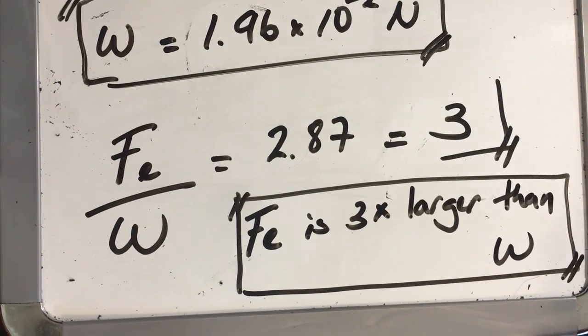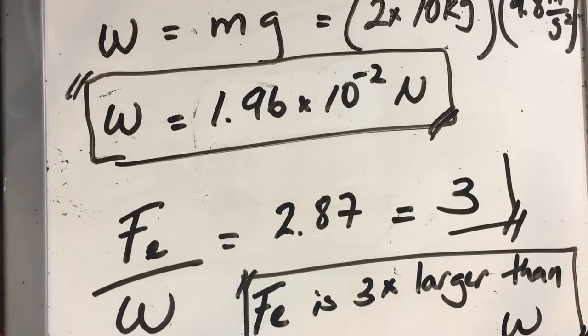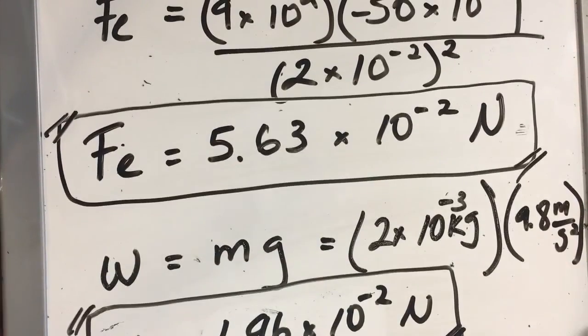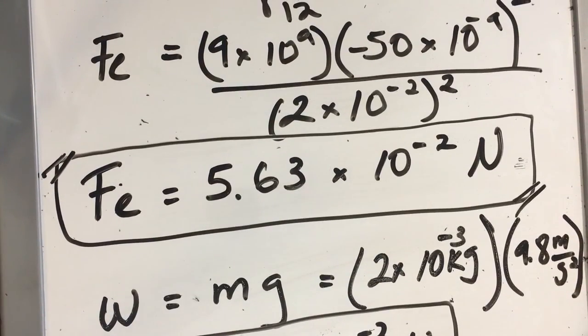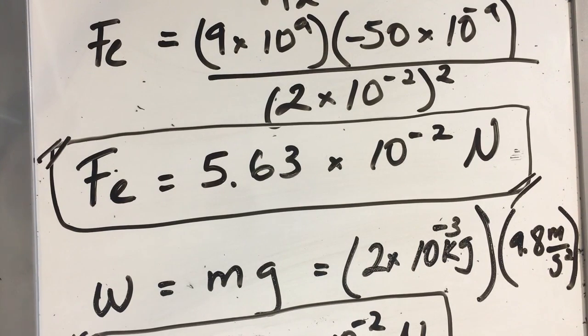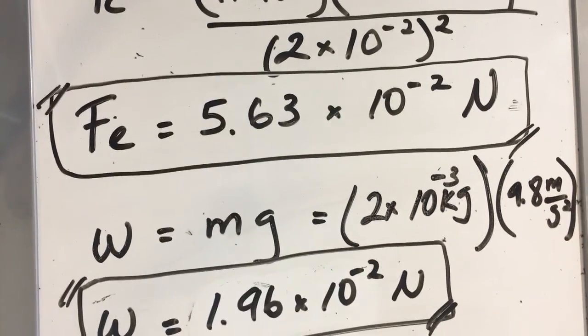So finally, our last step in our problem solving is to do a quick assessment of our solution, right? So normally what I like is to double check that we have solved everything. They were asking for the electric force. We solved that. We know the magnitude of the electric force.